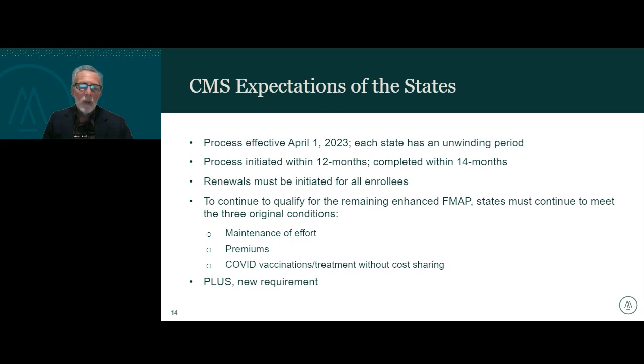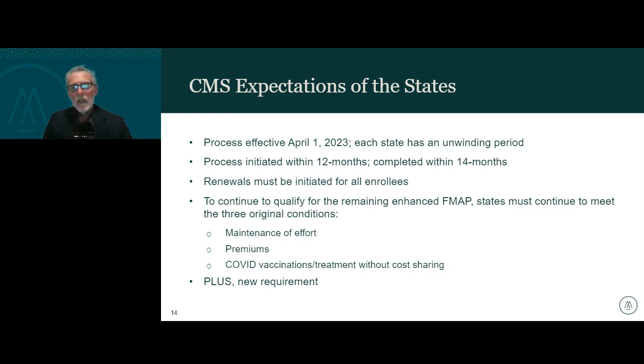So in terms of efforts, most states are adopting a process that's geared towards first targeting the potentially ineligible enrollees early in the process and dealing with them, and delaying action on the more vulnerable groups so that there could be more of a deliberate effort to address them.